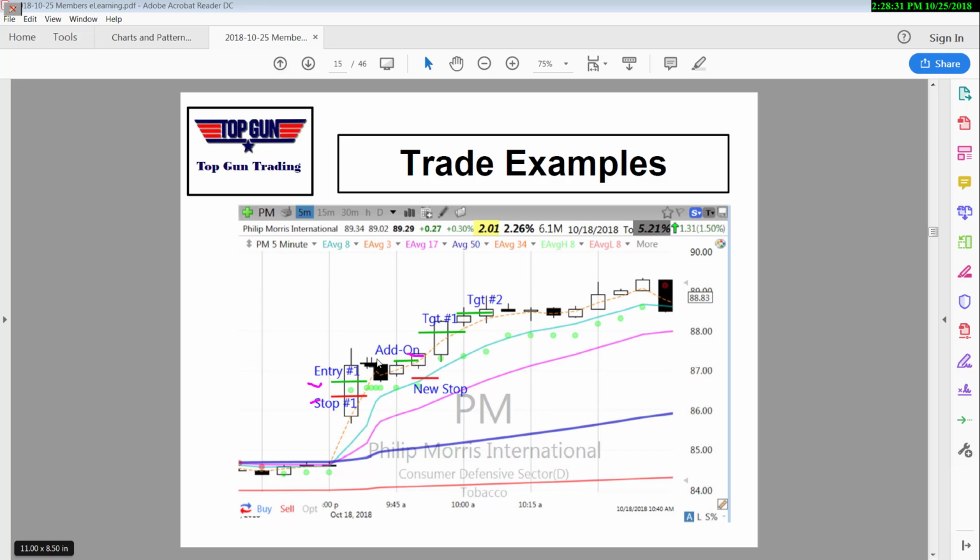As it hit this breakout level on the 5-minute, in that green level, we added on. That's an advanced concept of adding on 200 shares or some number of shares. There we doubled it, but moved the stop up. So we tightened the stop and added more shares, so we now had 400 shares.